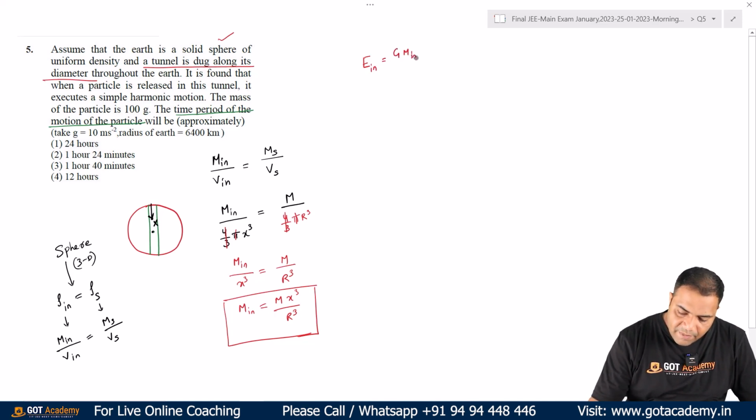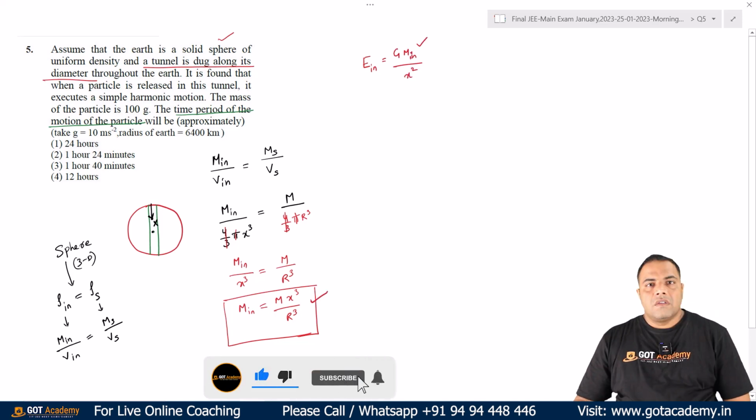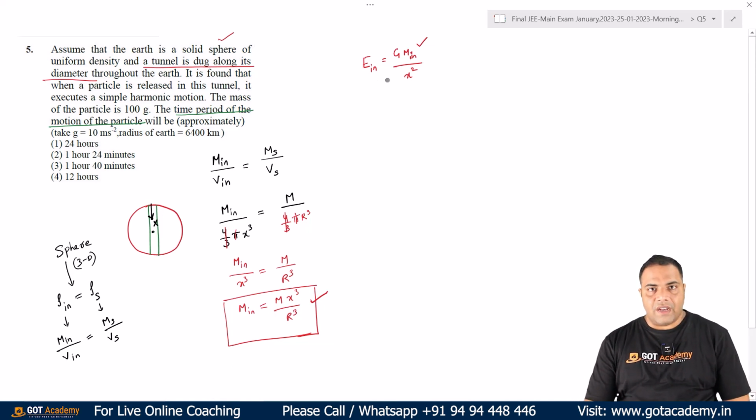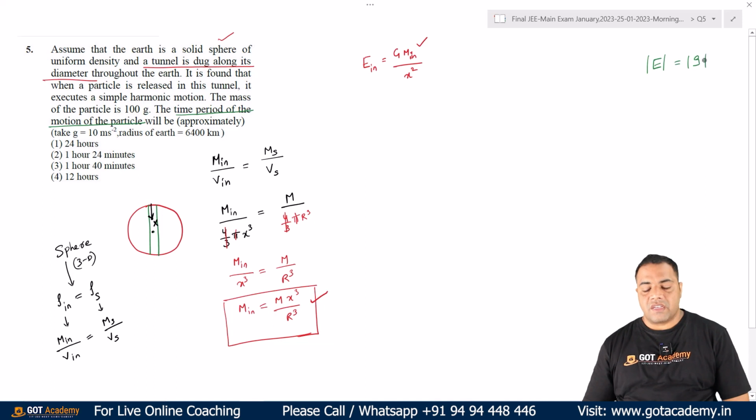G m inside by x square. Children, so we know that gravitational field is numerically equal to acceleration due to gravity. Numerically, that is, mod of this gravitational field E equals mod of g, isn't it?